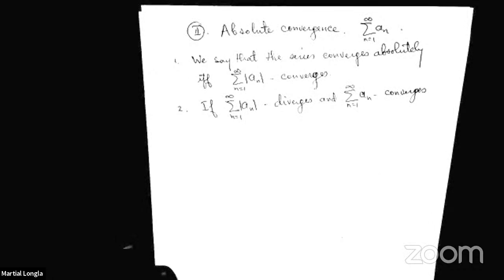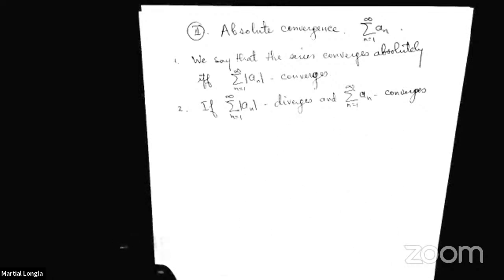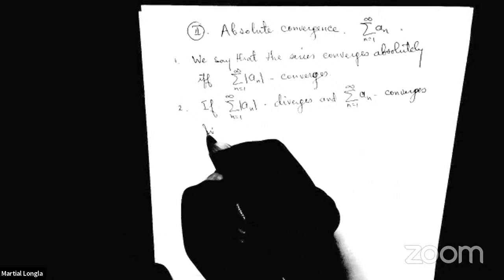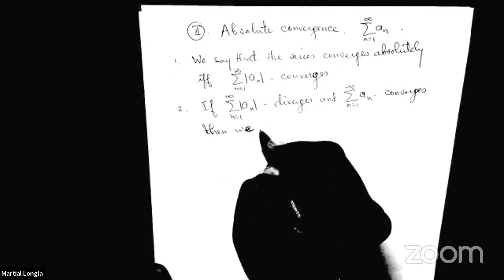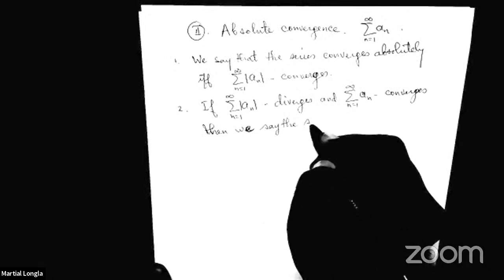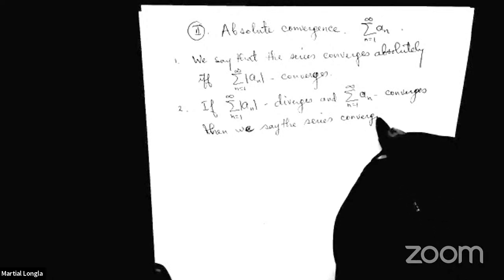There might be a way to do that. And then you can have a way also to decide that the sum of the absolute value diverges. In this case, we say that the series converges conditionally.